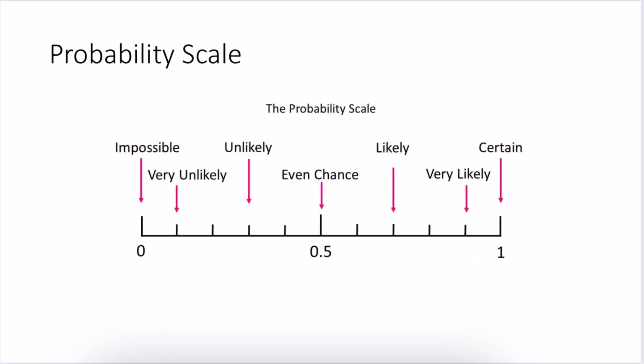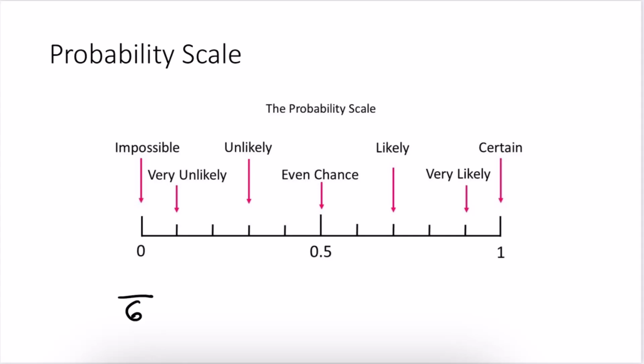And if we think about it, all probabilities are going to have to fit somewhere between 0 and 1, because if you're trying to find the number of favorable outcomes out of the number of possible outcomes, well, the lowest number that you could possibly get would be 0. Like, for example, if you roll the dice, so we have 6 possible outcomes, and I asked you to find the probability of rolling, say, a 10 on a dice.